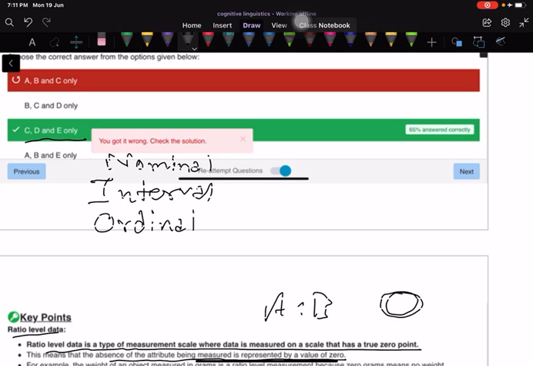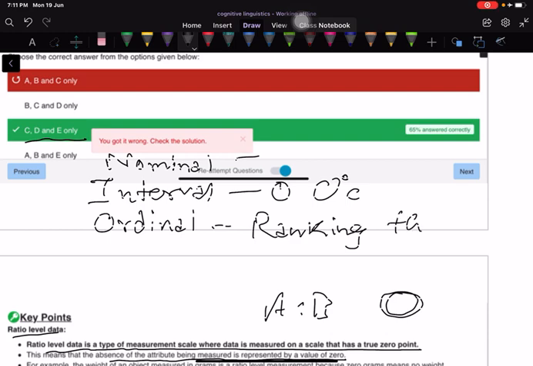Interval scale has zero, but it's not a true zero, like 0 degrees Celsius. Nominal scale is like a list of things, and ordinal scale is like ranking things.